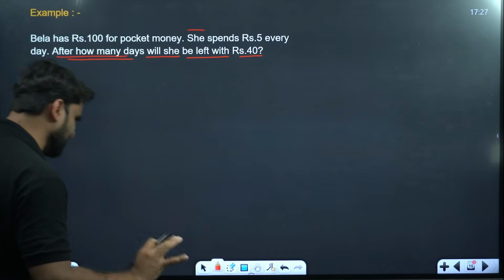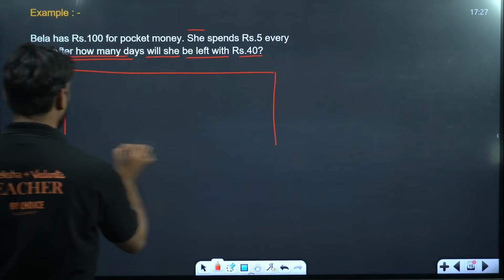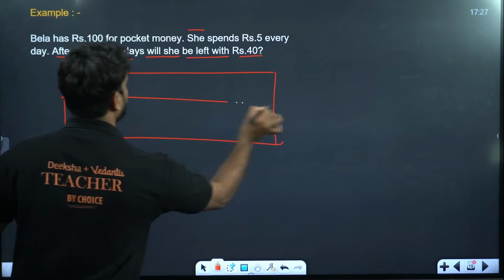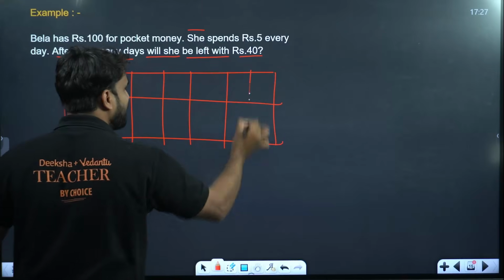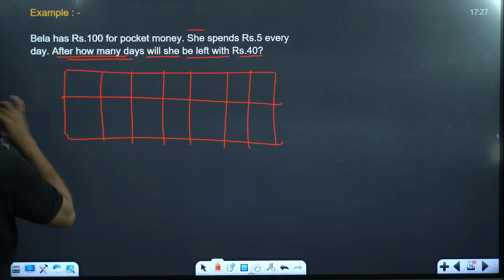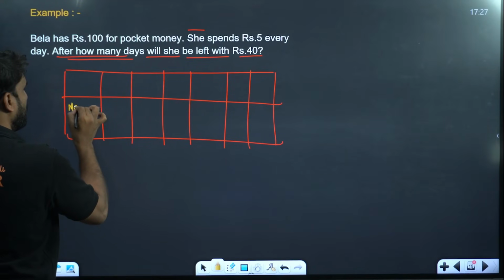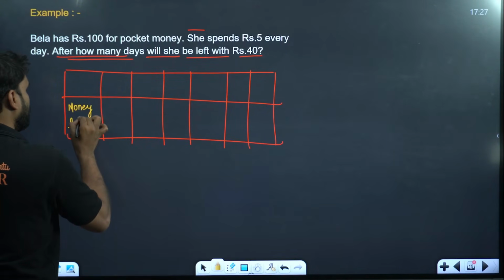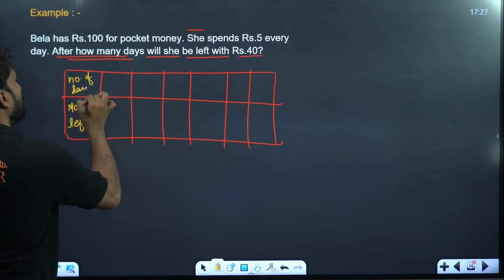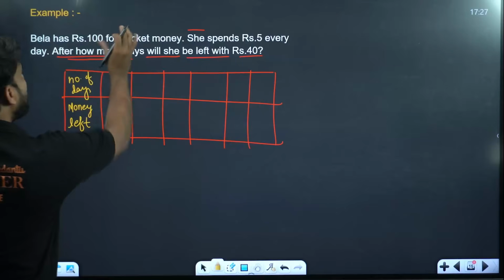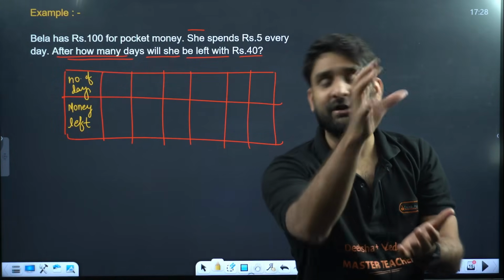Come on, champions, listen. Make a table. Make a table here: first day, second day, third day, fourth day, fifth day, sixth day, and so on. And here is the amount of money she has, this is money left, and here I'm writing number of days. My dear champion, Bella has a total amount of 100 rupees and she is spending 5 rupees every day.